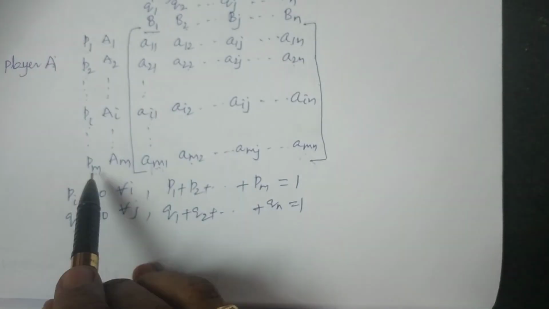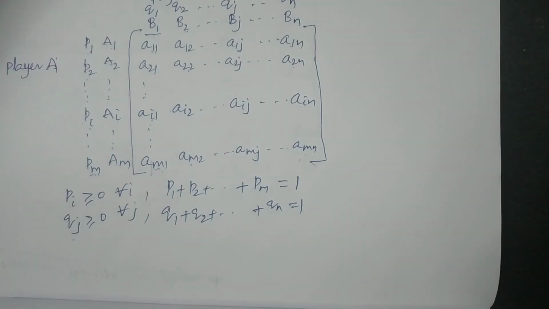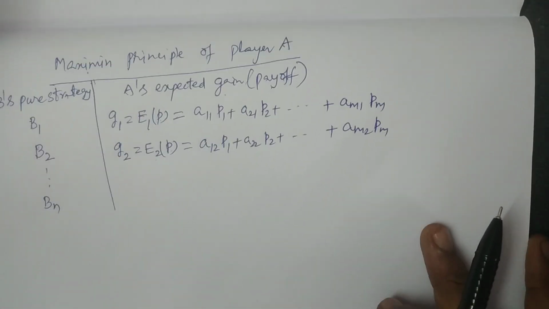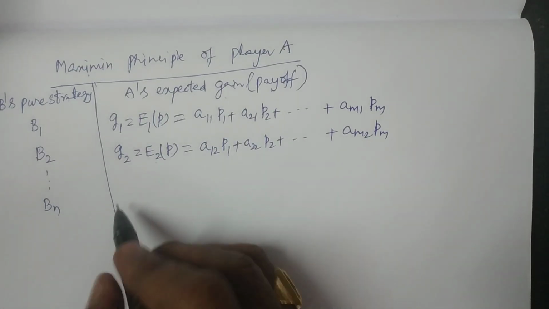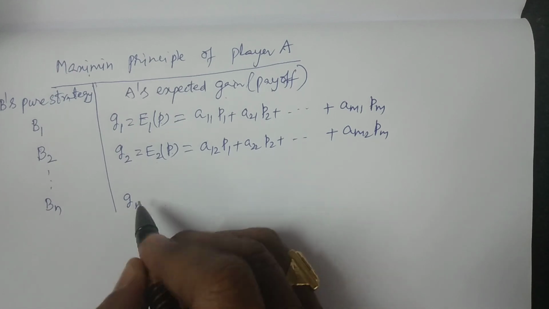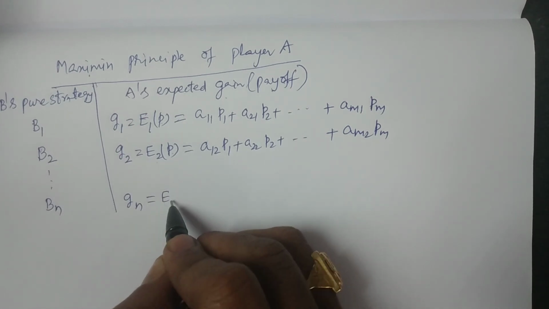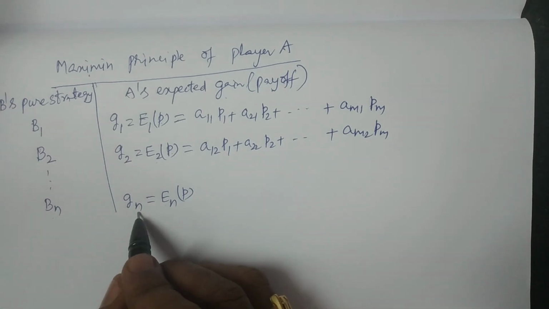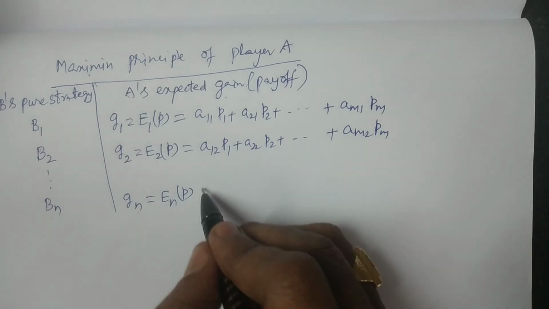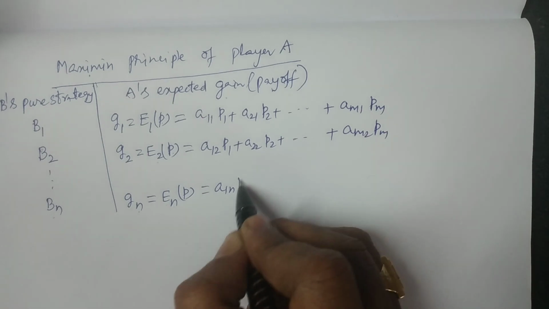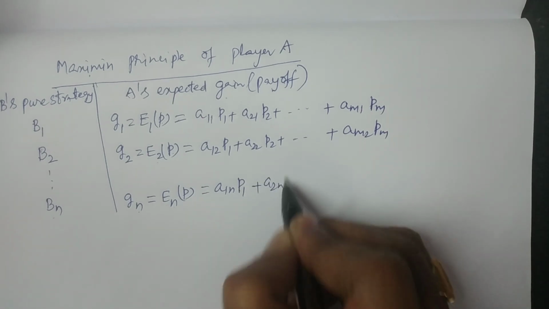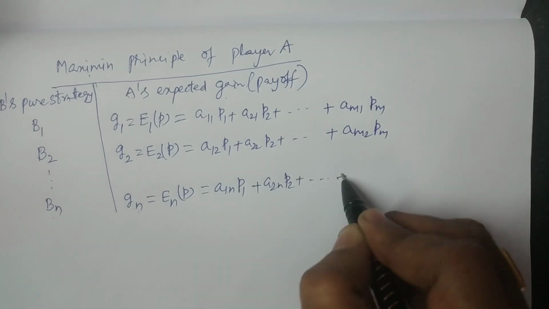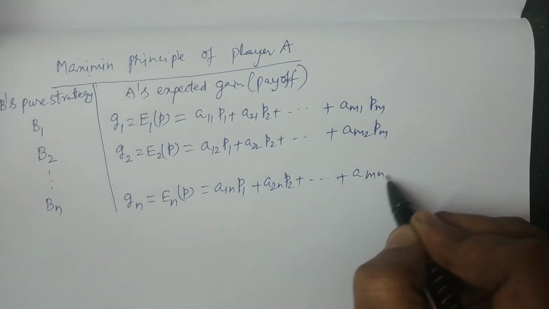You have to write the probabilities of player A, right? So now the minimum expected gain for player A, if player B uses the strategy Bn, you consider Gn, which is equivalent to A1n P1 plus A2n P2 plus and so on plus AMN PM.